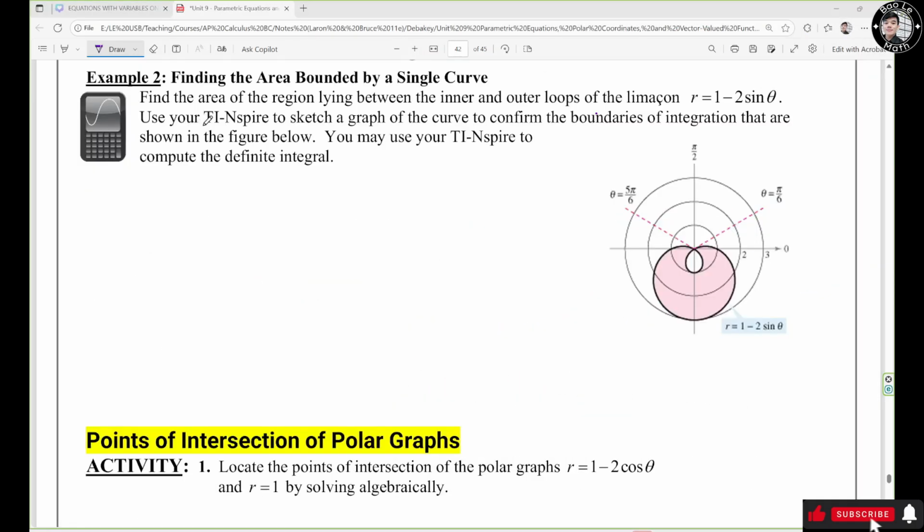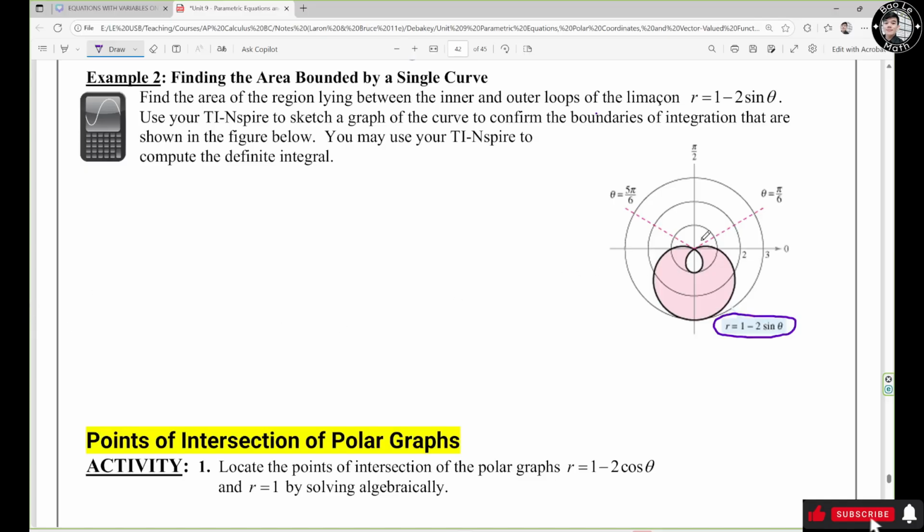Now let's move on to example number 2. Find the area bounded by a single curve. Find the area of the region lying between the inner and outer loops of the limaçon r equals 1 minus 2 sine theta.